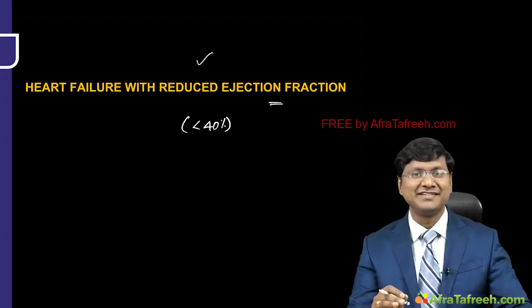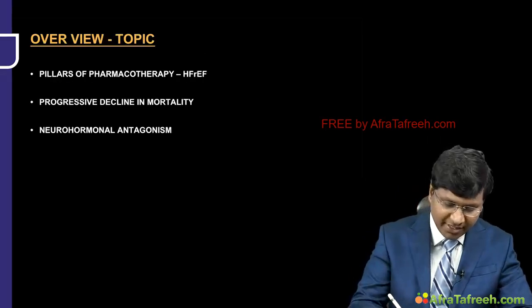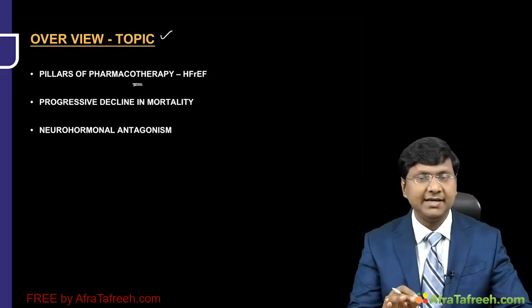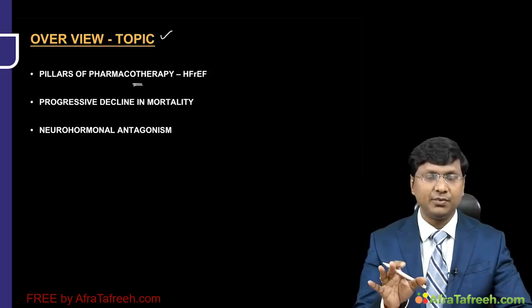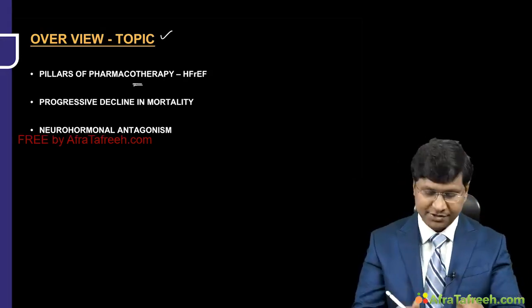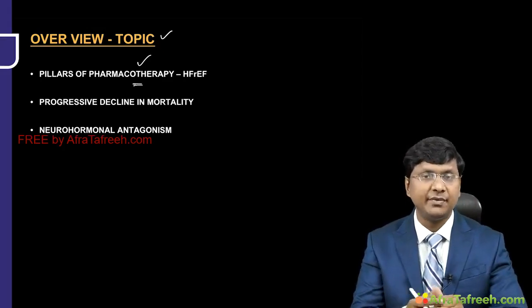Now let me discuss the treatment of these individuals. So first, what will be the overview of this topic? I'll be discussing what exactly is the pharmacotherapy we give for heart failure with reduced ejection fraction. For this, we have two options. One is the pharmacotherapy, and then we also have some interventions.